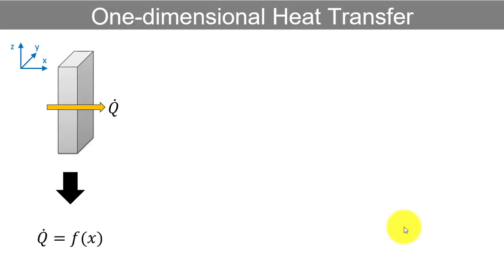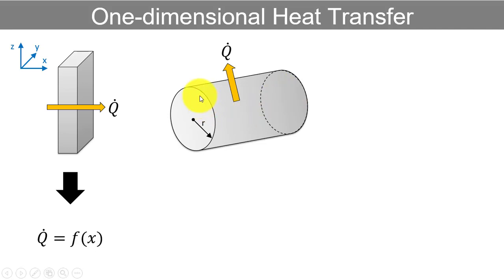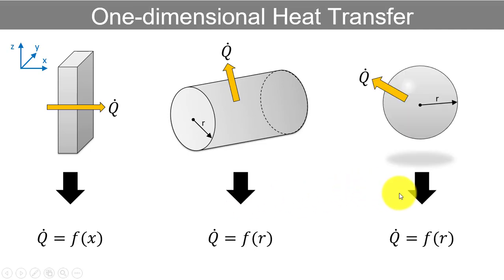Considering the specific problem where we can consider the problem as 1-dimensional, we can see that the heat transfer by conduction, when we consider a flat plate, is only dependent on X. If we consider a cylinder, the heat transfer by conduction is only a function of the radius, and the same occurs with the sphere, but in this case the dimension is the radius of the sphere.